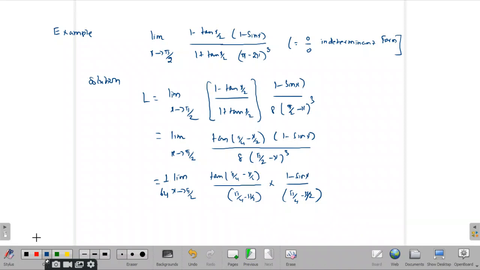Then if we take pi by 4 minus x by 2 equal to t, we can convert everything in terms of t. Let us take t equal to the angle pi by 4 minus x by 2, correct? Then what is the x value? x by 2 equals pi by 4 minus t.